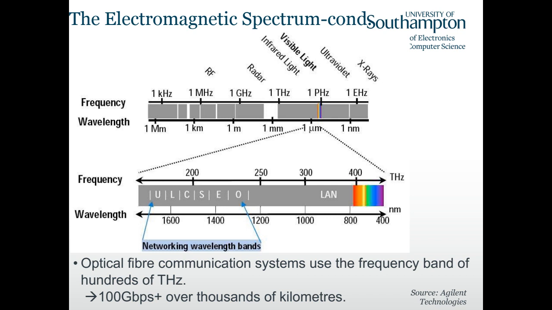All the signals that have frequencies higher than 20 kHz, we cannot hear them anymore. We normally use the spectrum between here and visible light for wireless communication, so that wireless communication doesn't interfere with our everyday life.